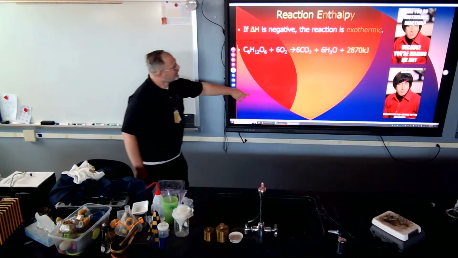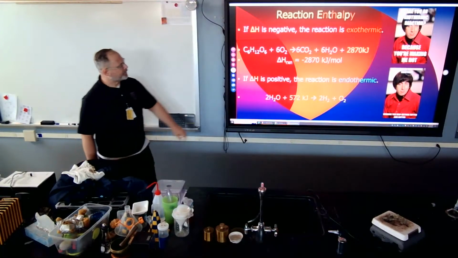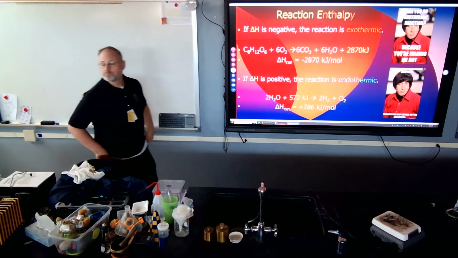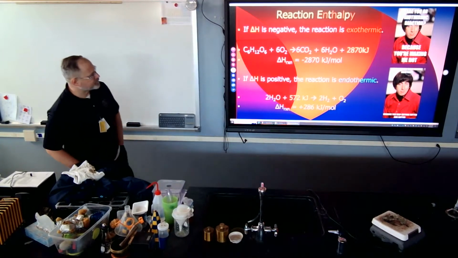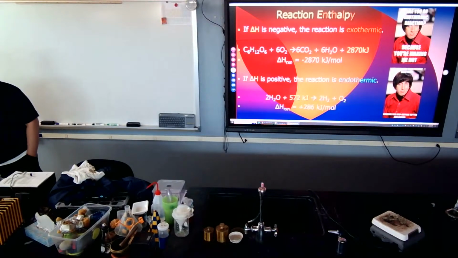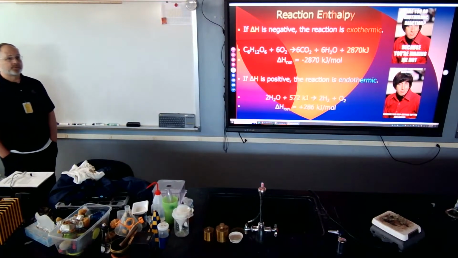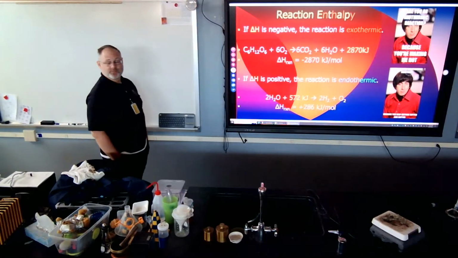On the other hand, if energy is required, the energy will find itself on the reactant side. So if I want to split water molecules into oxygen and hydrogen, I need to supply some energy. So that puts the energy on the reactant side, which means that delta H is going to be positive.